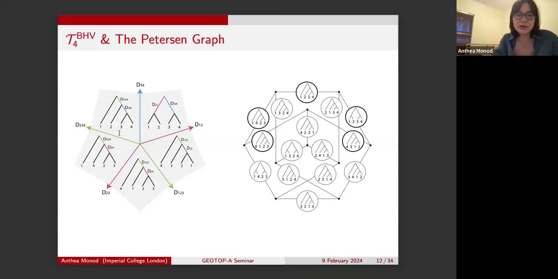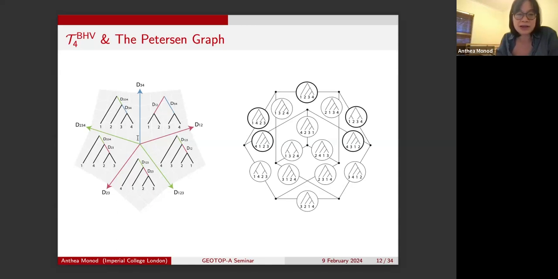So let me show you what I mean. Here we have one particular tree topology, which looks like this. The two internal edges that we're going to look at are this internal edge length, which corresponds to the collection of leaves 2, 3, 4, and this internal edge here, which is the internal edge connecting leaf 2 to the collection of leaves 3, 4.